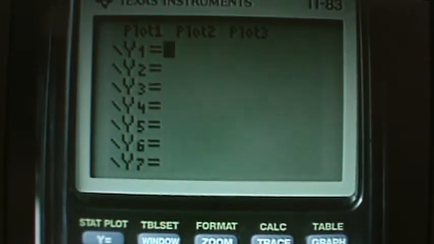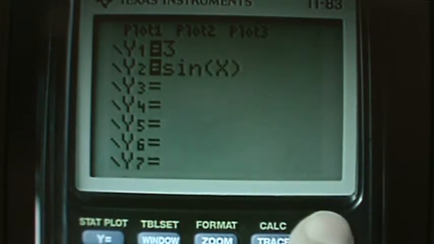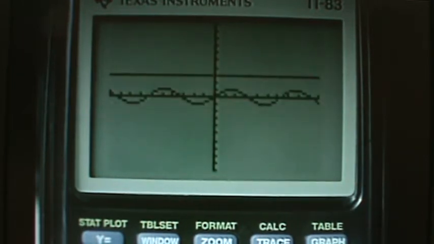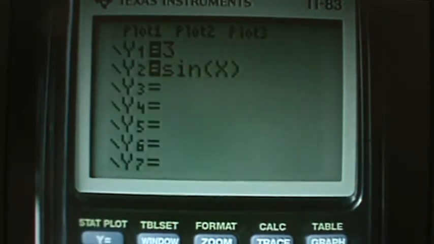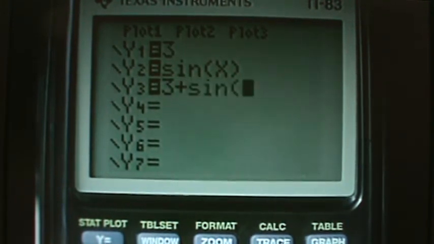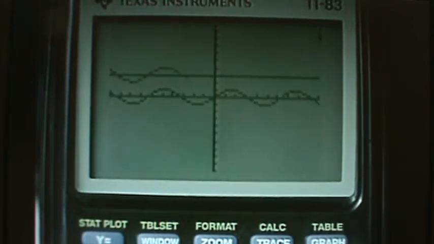Remember, when we had something like y equals 3 and y equals sine x, separately their graphs look like this. But then if I add the two together, if I take 3 plus sine x, it almost looks like I'm taking the sine curve and putting it right on top of that line.